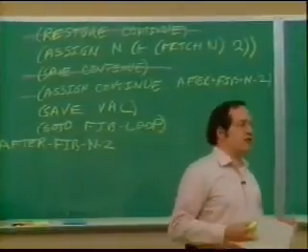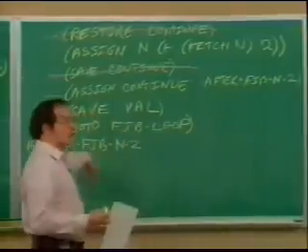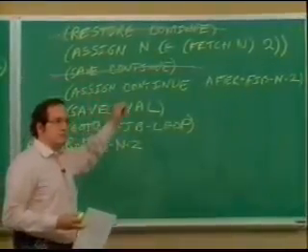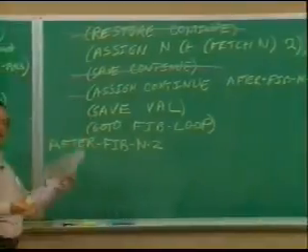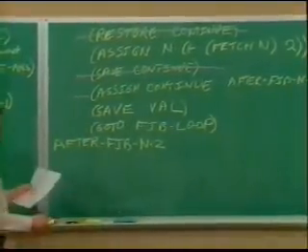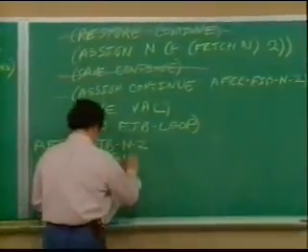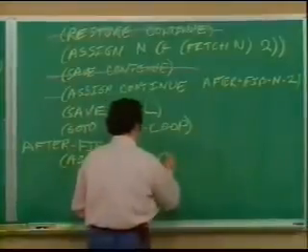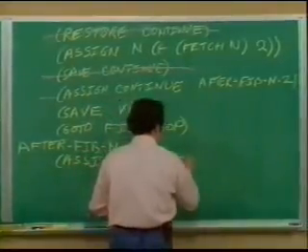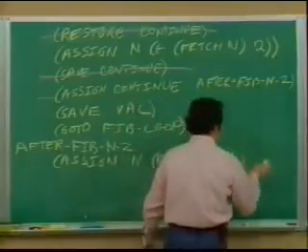Now, there are various conventions I might use, but I'm going to be very picky and say I'm only going to restore into a register I've saved from. If that's the case, I have to do a shuffle here, because it's the same problem with how many hands I have. So I'm going to assign to n, because I'm not going to need n anymore, n is useless, the current value of val, which was the value of fib of n minus 2.